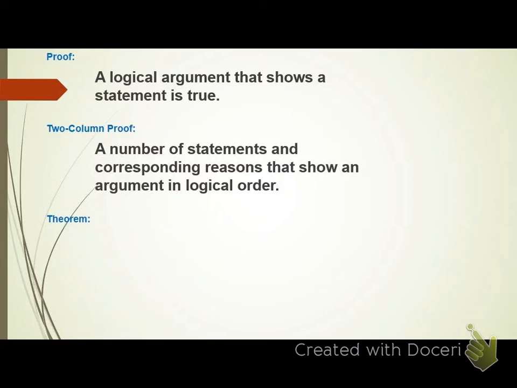Being a math guy, my universe is much, much better when everything is in a logical order, when everything makes sense. If it's not logical, I tend to go a little berserk. Okay, and then the definition of a theorem, a statement that not only can be proven, but needs to be proven, right? It's a statement that needs to be proven. Postulates we don't have to worry about, but theorems we do.